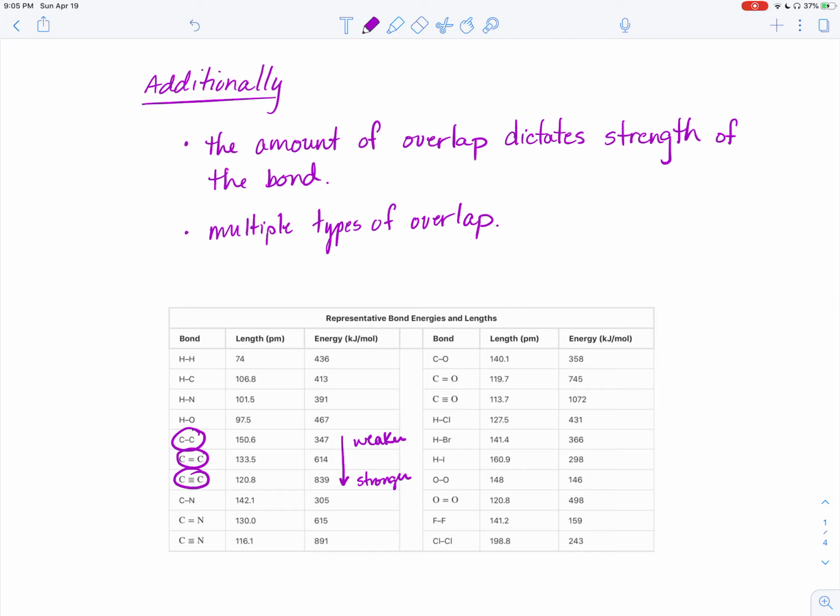The length also, as the bond gets stronger, does shorten as well. If you look down the bond length, 150.6 picometers or angstroms for a carbon-carbon single bond to 120.8 picometers for a carbon-carbon triple bond. So triple bonds are shorter than single bonds. These particular values you can find in bond energy charts that are available in your textbook.